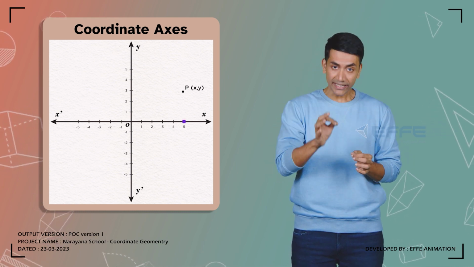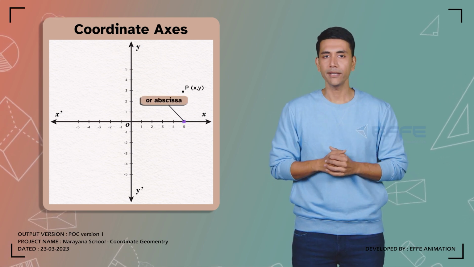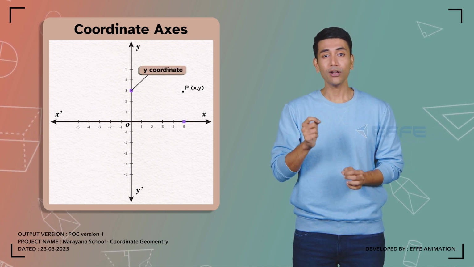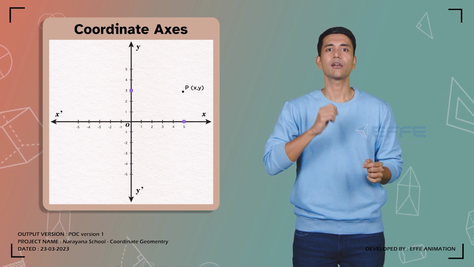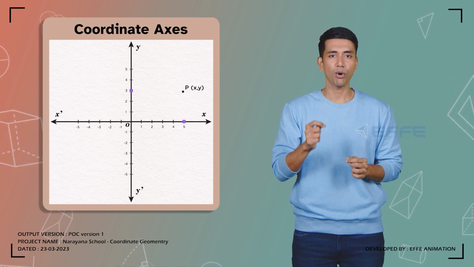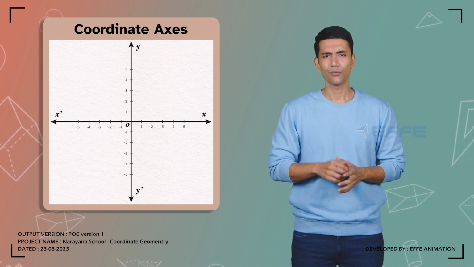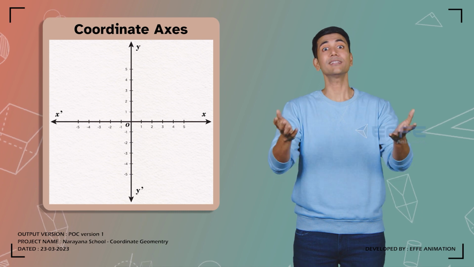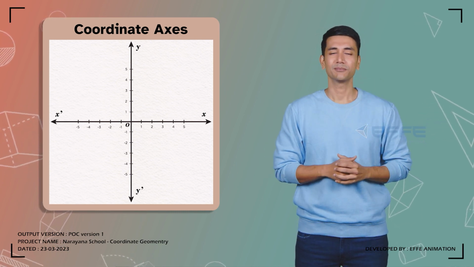Here, x is the x-coordinate or abscissa of a point and y is the y-coordinate or ordinate of the point. Together, they are known as the coordinates of the point that it represents. But do you remember what these x and y coordinates of a point are? What is their significance? Let us have a look at it quickly.